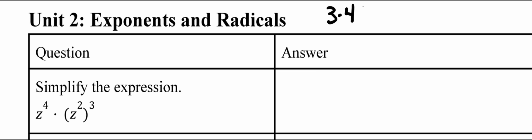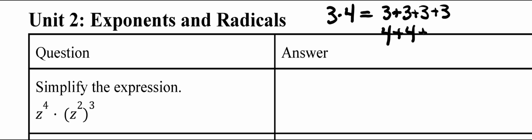Multiplication is repeated addition. And so 3 times 4 could be written as 3 plus 3 plus 3 plus 3, 4 3s, or 4 plus 4 plus 4. Again, multiplication, repeated addition.